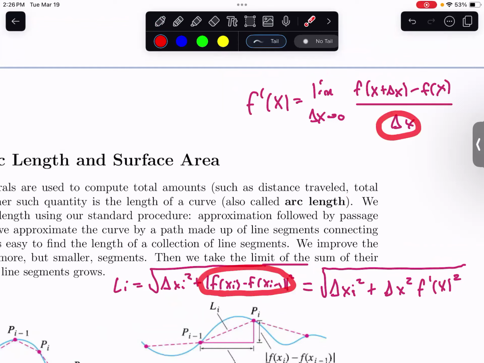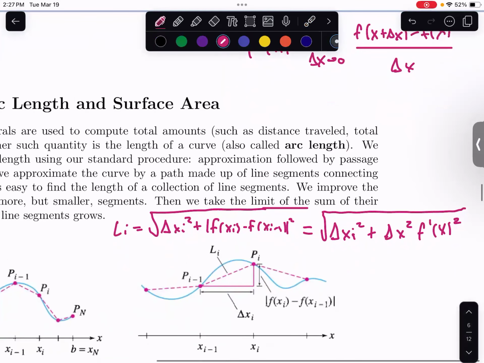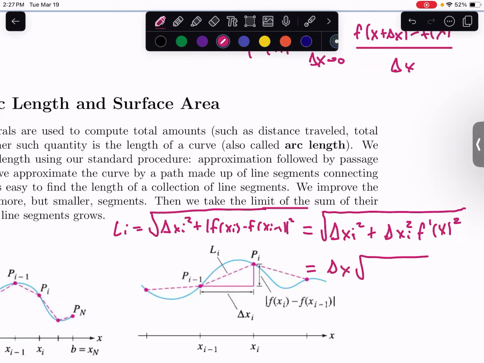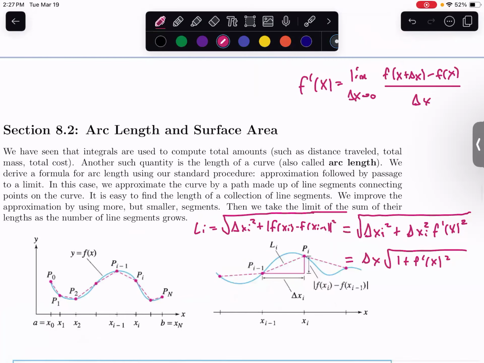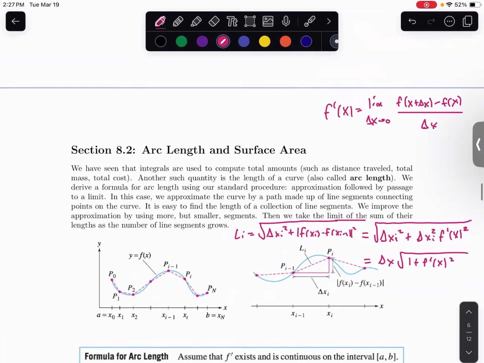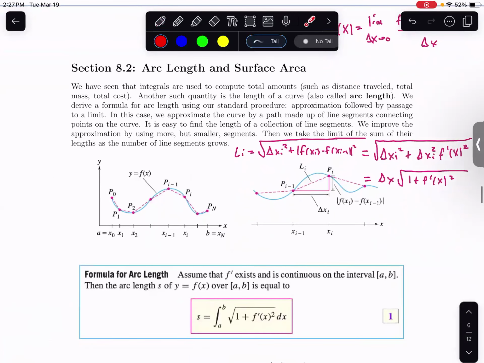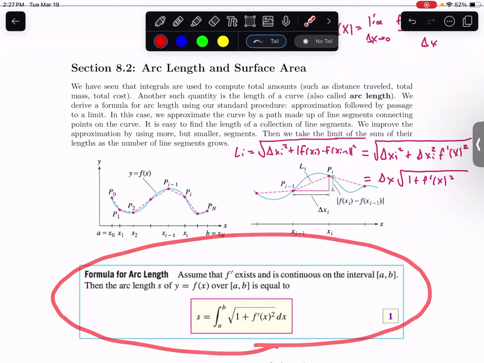If we multiply both sides by delta x, we get delta x squared times f prime of x squared. Then you can factor out a delta x, so this is really delta x times the square root of 1 plus f prime of x squared. I'm being a little hand wavy, but this is the idea behind how they end up deriving the formula for the arc length.